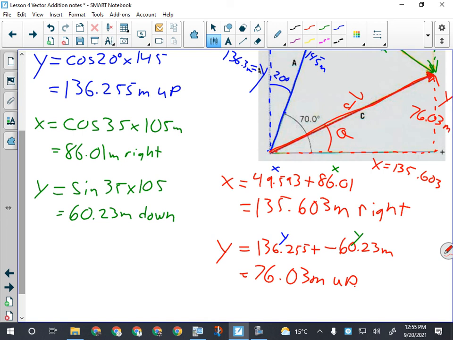Can I now calculate D, my resultant, which is the overall displacement, and its vector? I can. How would I calculate how big D is?